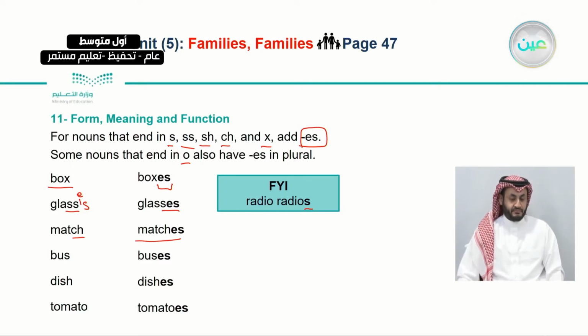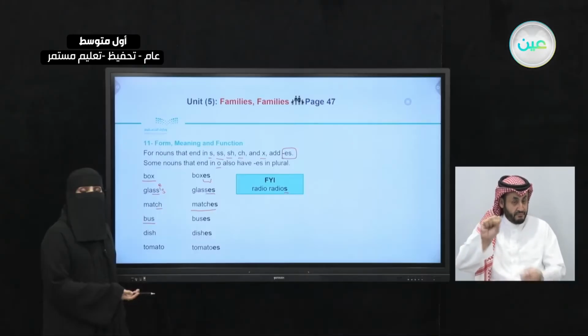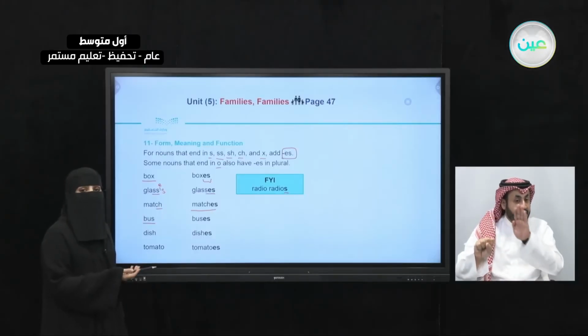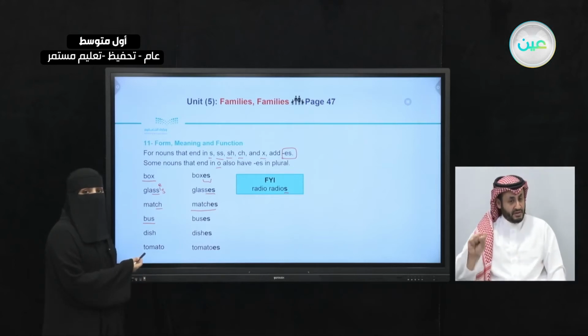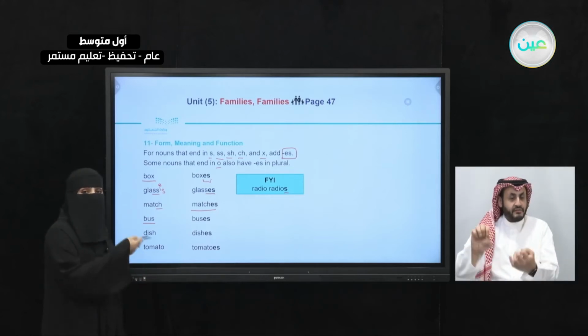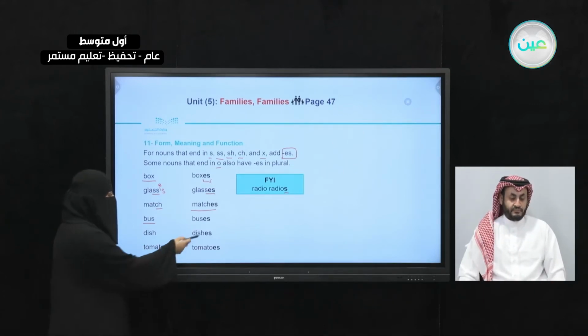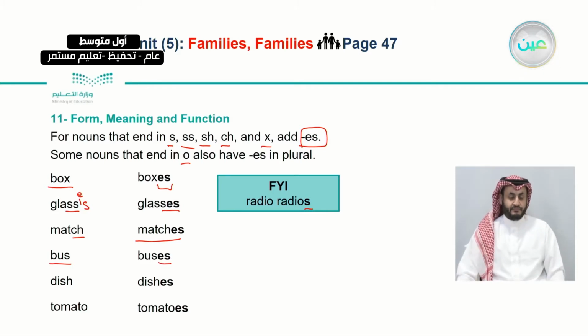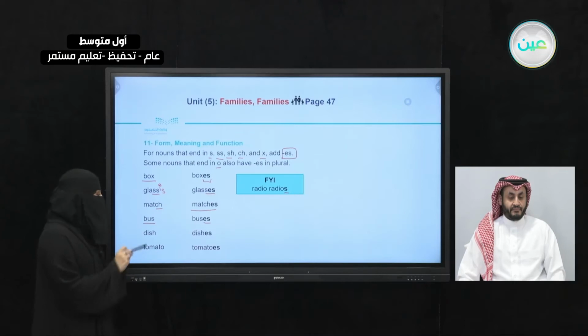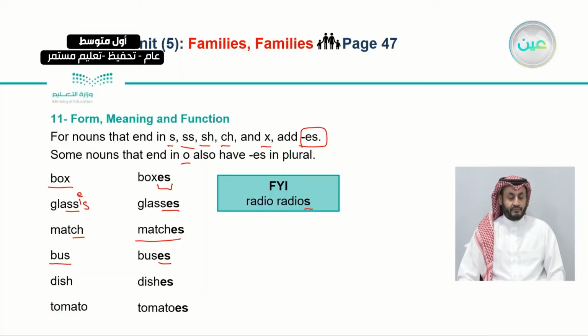Okay. How about bus? Do you use the bus as transportation? Do you go to your school using the bus? Did you see more than one bus in the street? So how would you say that? 3 buses. We add an ES because the word ends with an S. How about dish?